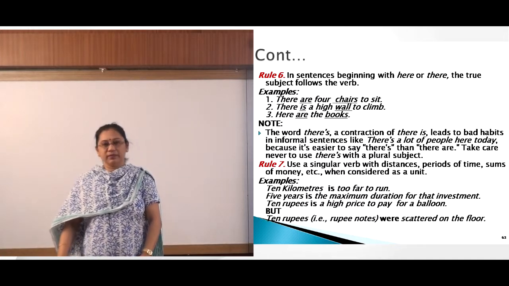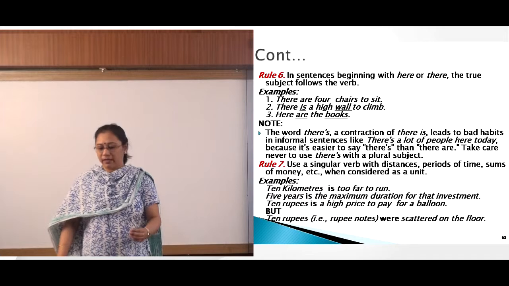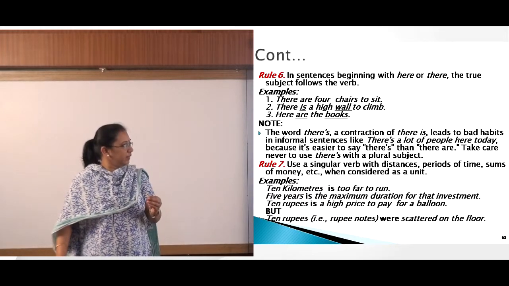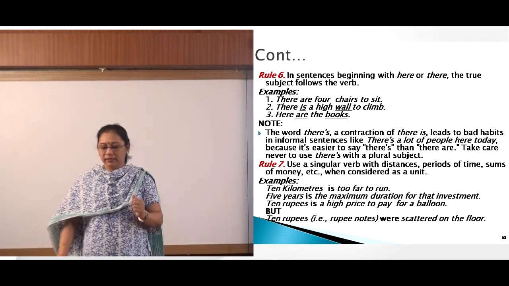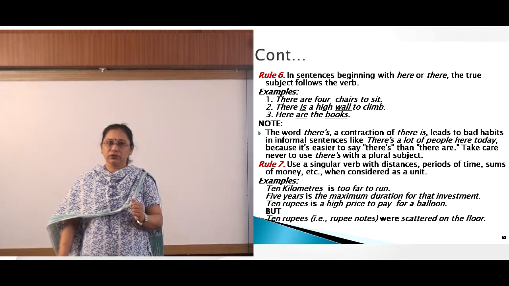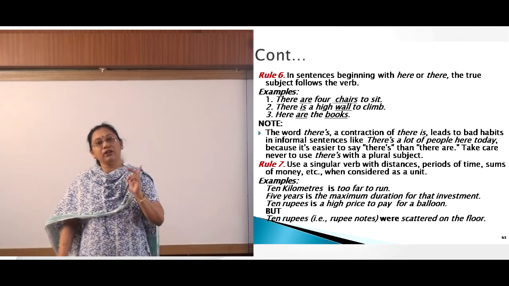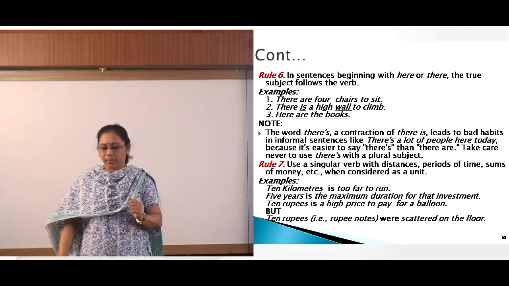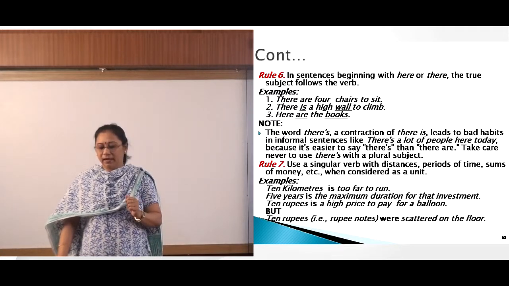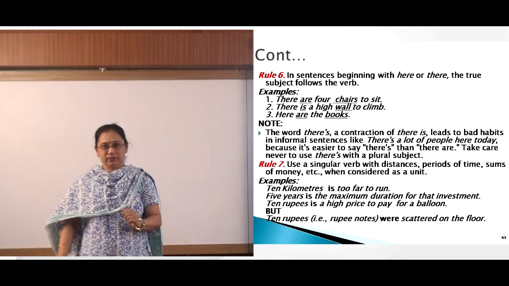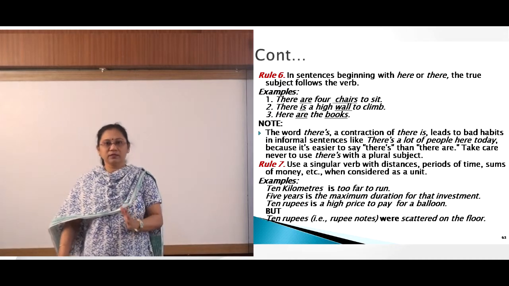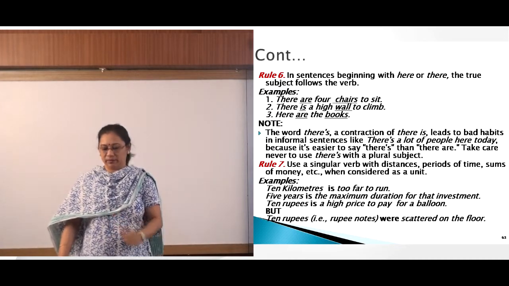Use a singular verb with distances, periods of time, sums of money, etc. For example, 10 kilometers is too far to run. You should not be saying 10 kilometers are too far to run. 5 years is the maximum duration for that investment. 5 years is the maximum time that you have for this investment.